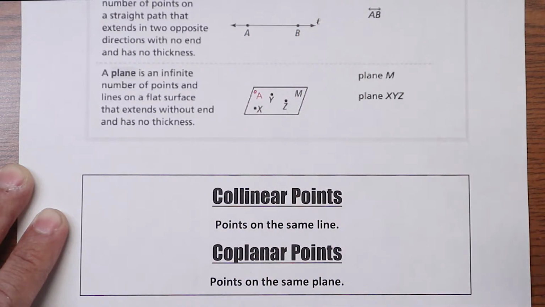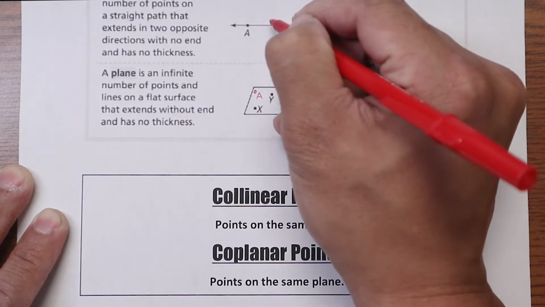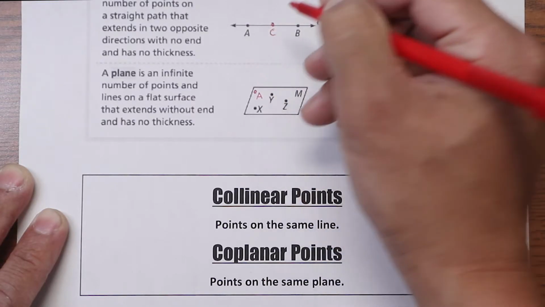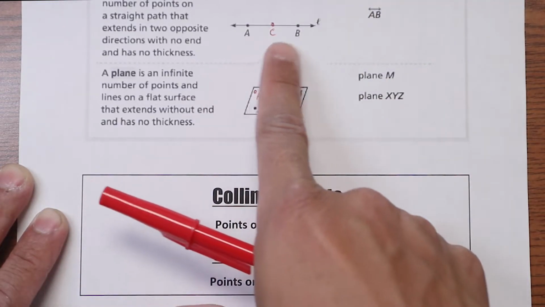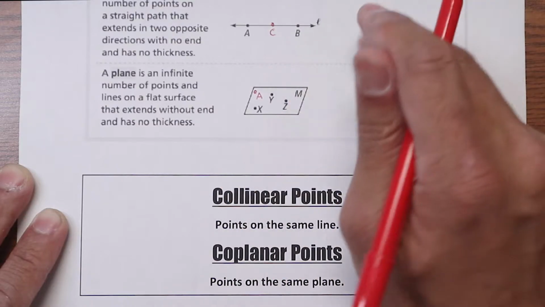Well, we're going to say point A and point B are collinear, or they're collinear points because they're both on the same line. Now, if I were to create another point, let's say if I put C here, then you can say, well, point A, C, B are collinear because all of them lie on the same line. And of course, to name this line, you don't have to have AB.